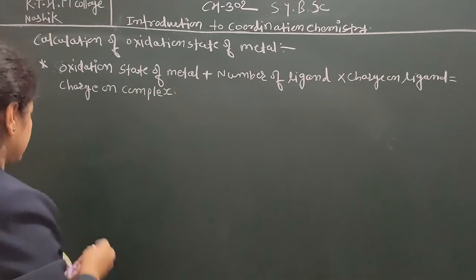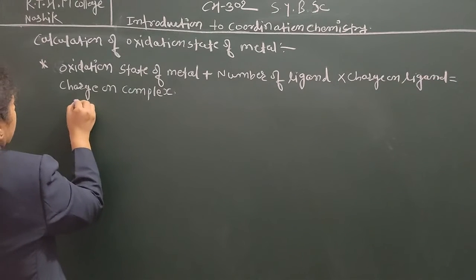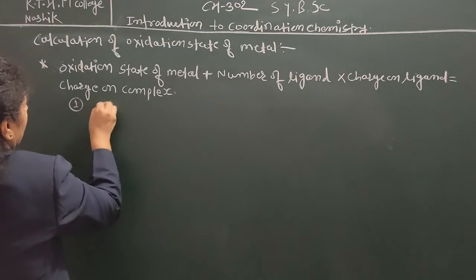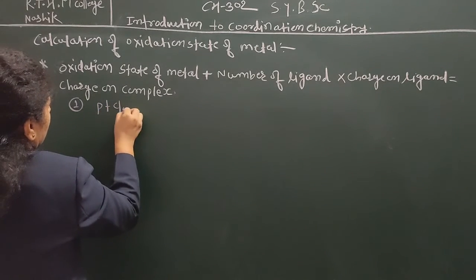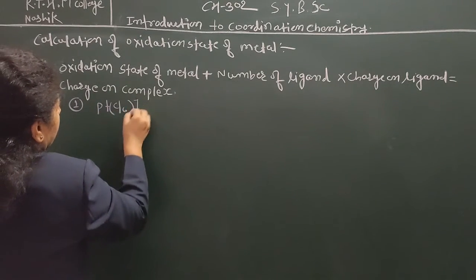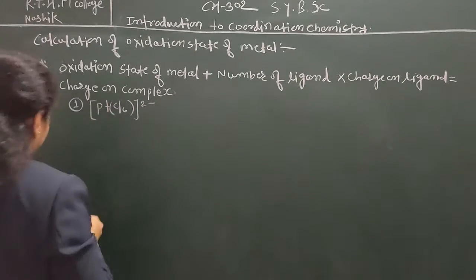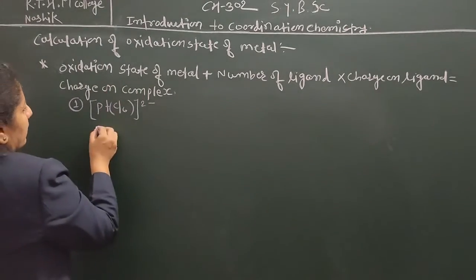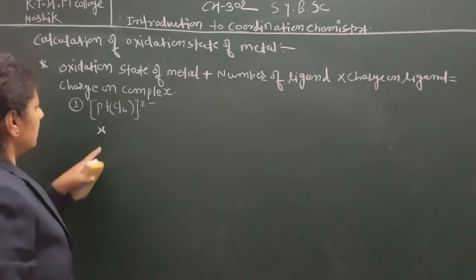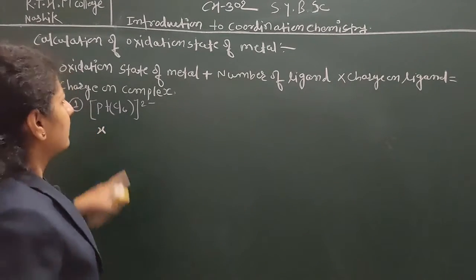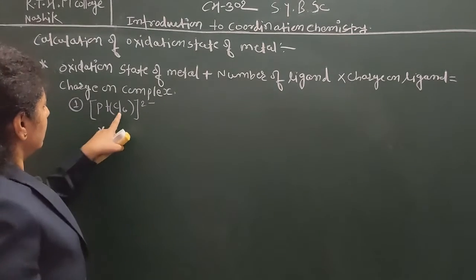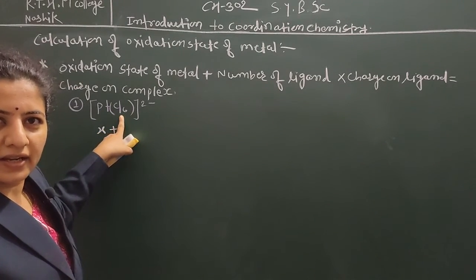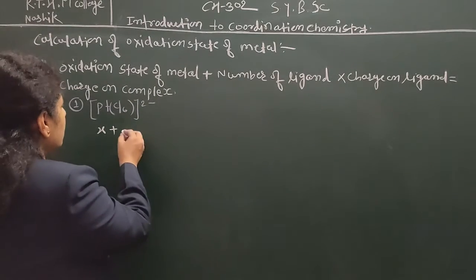So let's start the first example, that is the hexachloroplatinum complex. We want to calculate the oxidation state of the metal. We take it as X plus the number of ligands, which is 6, because chlorine is the ligand and 6 chlorines are attached to the platinum.